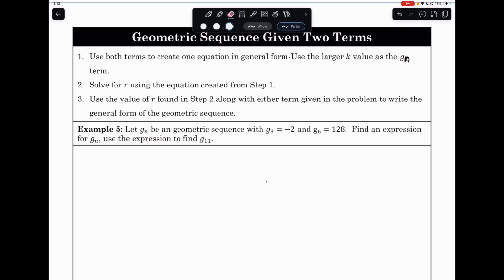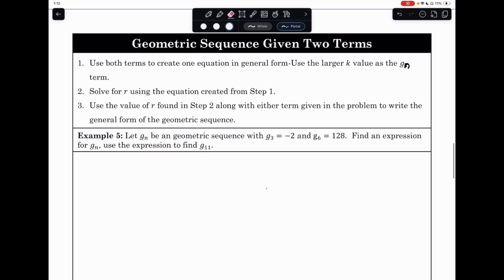Now let's look at example number 5. If we're looking for the geometric sequence given 2 points, we're going to use both terms to create one equation in the general form. Remember, the general form of our geometric sequence is that G of n is equal to G of k times our ratio raised to the n minus k power.